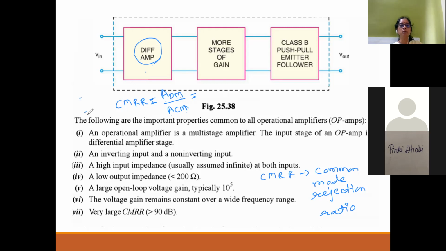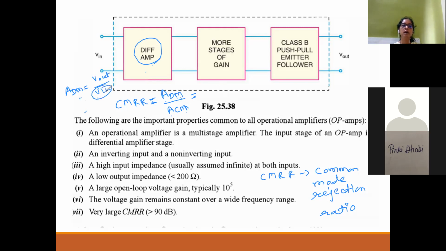Common means same input. And differential mode configuration means inputs are different. Different means it has different values. V1 and V2 are different values. Okay. So when a different value is there, then gain can be defined as output upon input.